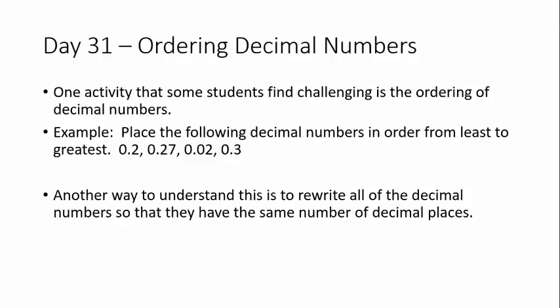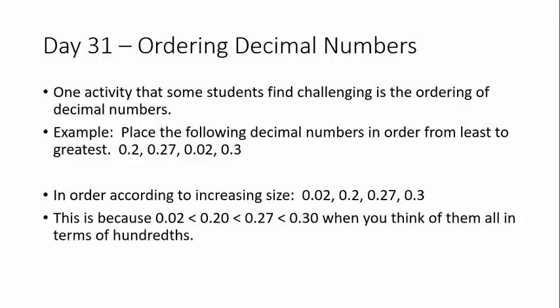Another way to understand this is to rewrite all of the decimal numbers so that they have the same number of decimal places. You'll notice in our list that 2 of the numbers have 1 decimal place and 2 have 2 decimal places. If I rewrite all of these so that they have 2 decimal places, then they would look like 0.20, 0.27, 0.02, and 0.30.